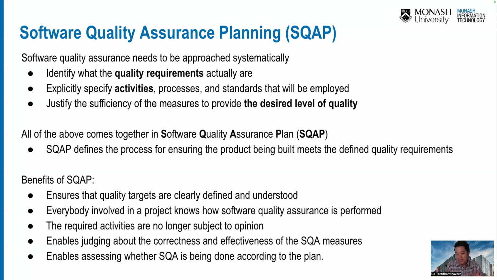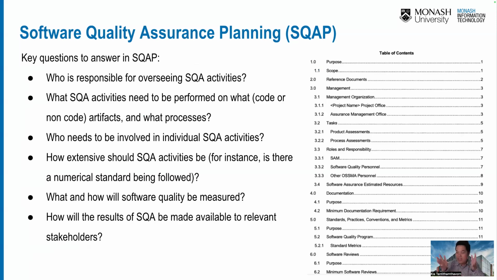And in the past, let's think about the waterfall, right? They need to develop a SQA planning document, okay? Let's look at the left side, okay? These are the key questions that we need to include in the SQA planning document. For example, who is responsible for the SQA activities? In the past, there will be a QA department, software testing team, that kind of thing.